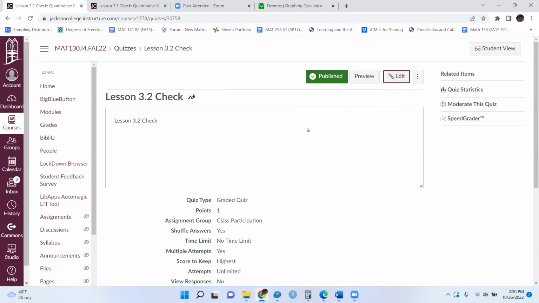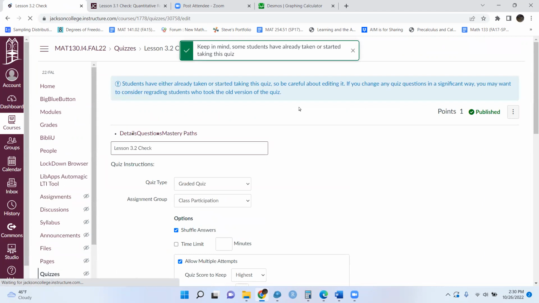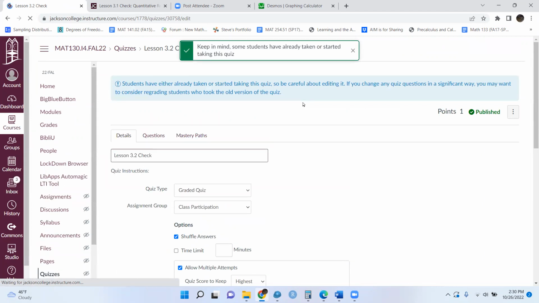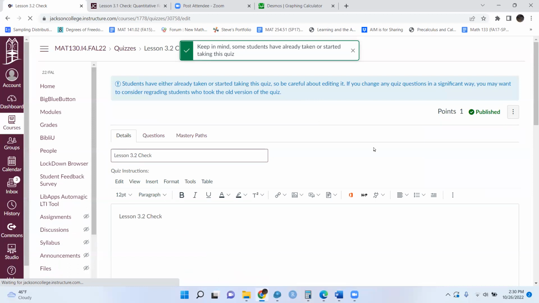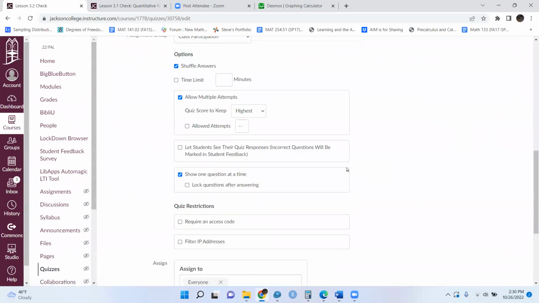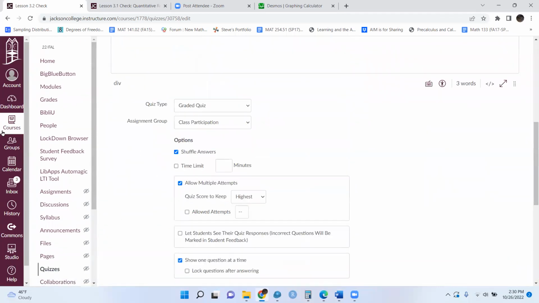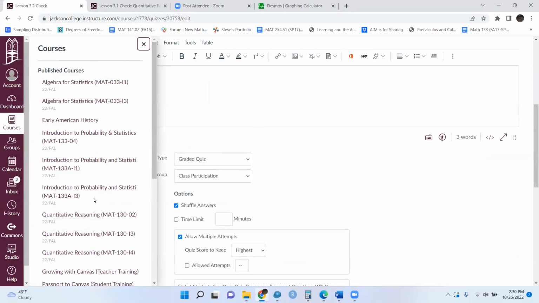Let's see what I did. It worked for me this time. Okay, so then it must be the other class. I didn't click save or something.